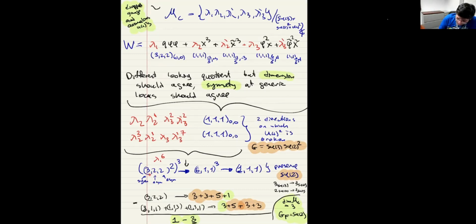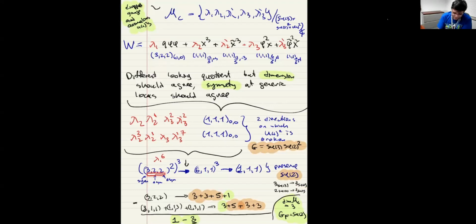And when you turn on such a coupling, you don't break SU3 completely. You break SU3 down to SU2. Okay, again, the 3 of SU3 becomes the adjoint of this SU2, and the fundamentals of the SU2s become fundamentals of the remaining SU2. So the SU2 which remains is a diagonal combination of the 2 SU2s you had at the free point, and the SU3 decomposes into an adjoint of this SU2.